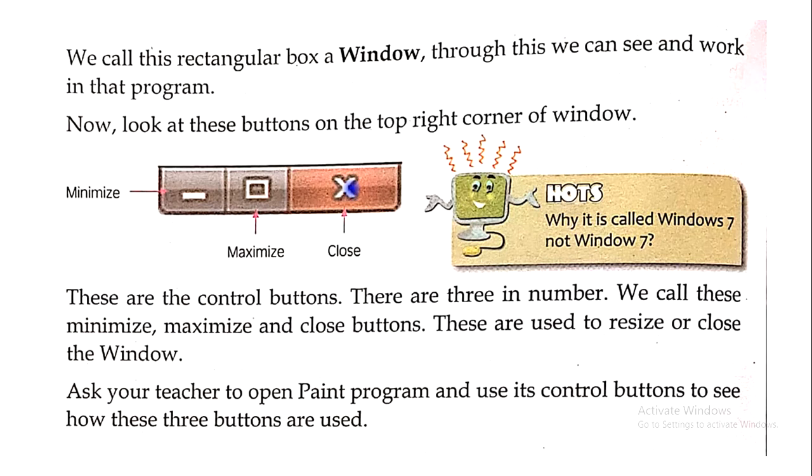The color red means danger. Whenever you want to close your program or software after you have used it, you need to use this button, which is called the close button. Now how to use all these 3 buttons we will learn step by step. Let's move to our next slide and learn about them more.